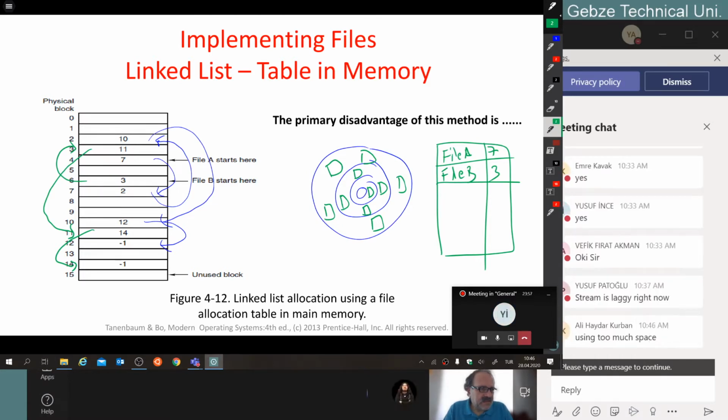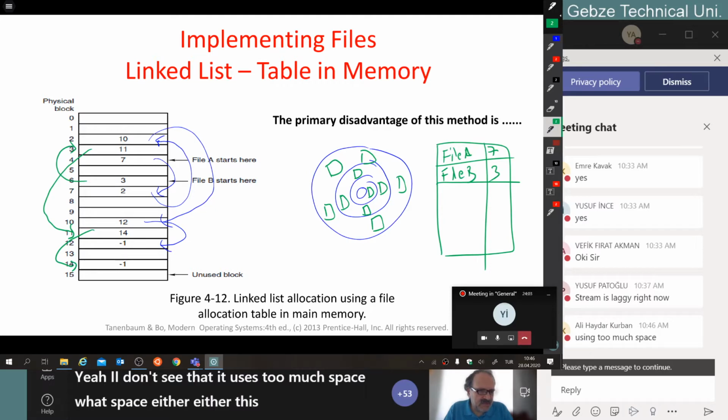Ali Haydar says that it uses too much space. What space, Ali Haydar? Disk space or you mean memory space, right? Yeah, I think he means memory space.